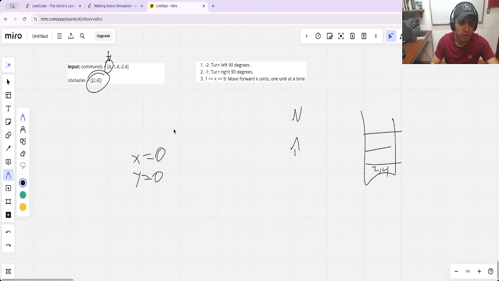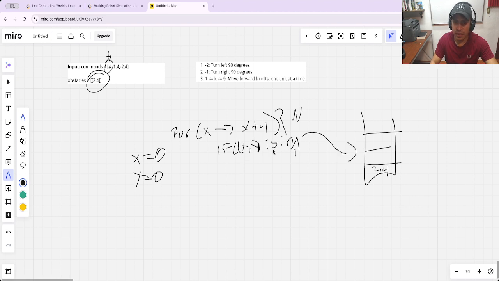I think it's a for loop that starts at x and goes to x plus 4. Here, if x and y cast as a string are in this hash set, it is an obstacle, so we only break and go to x minus 1, because that's the position previous to reaching the obstacle.